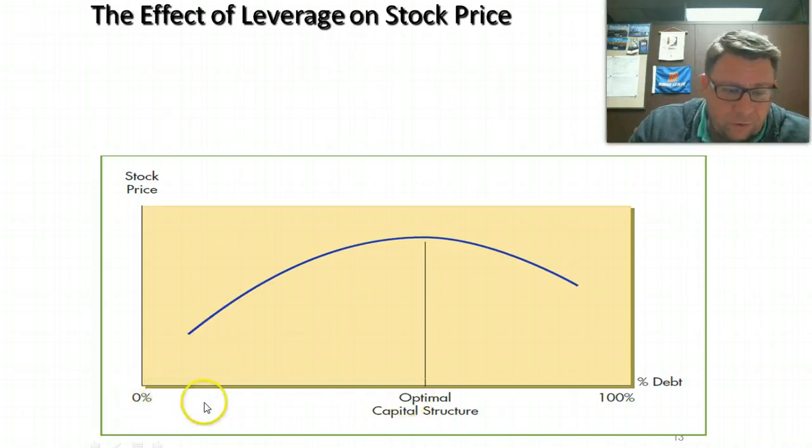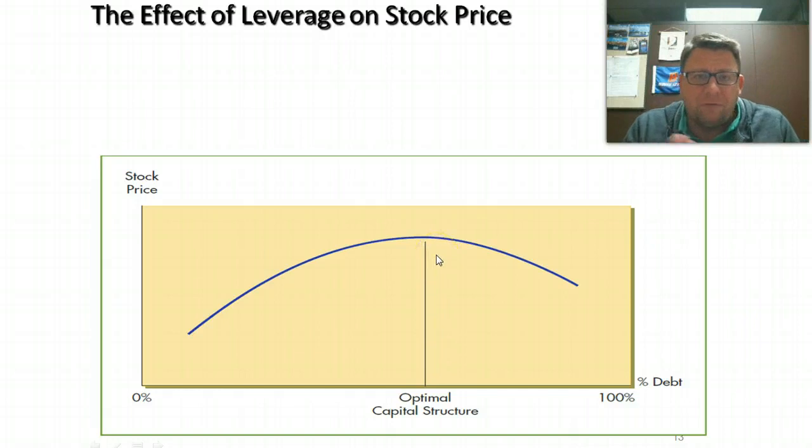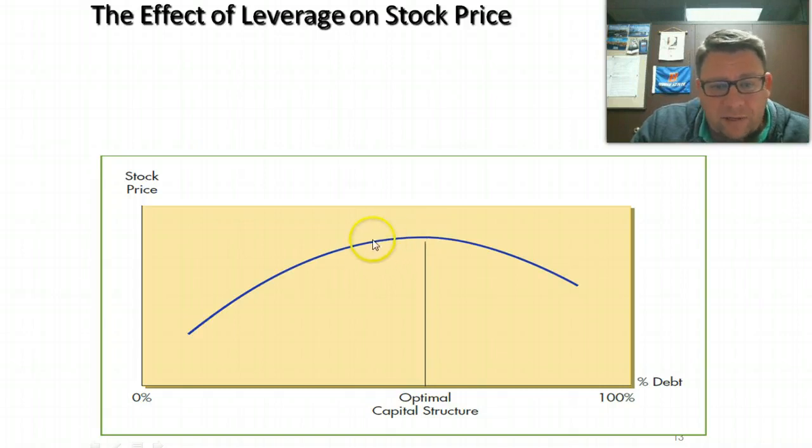If you look from 0 to 100% debt, our stock price reacts on sort of a curve. So at some point there is the optimal capital structure, the right amount of debt to equity to maximize our stock price. Less than that, we haven't maximized the stock price. More than that, we've taken on too much debt. So we're under-levered or over-levered.